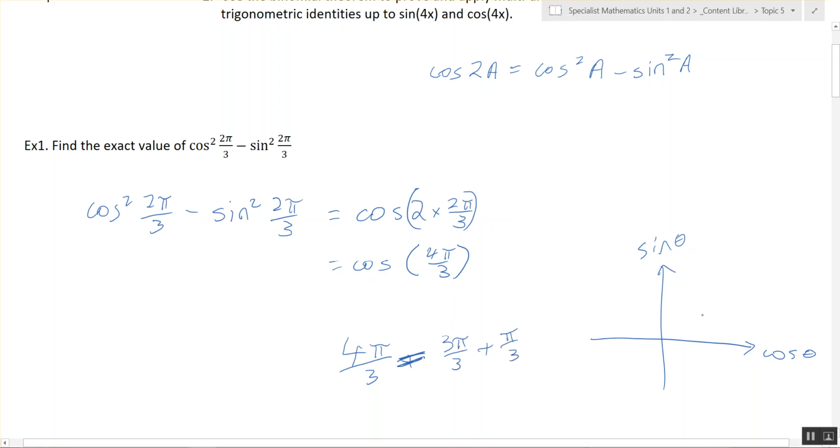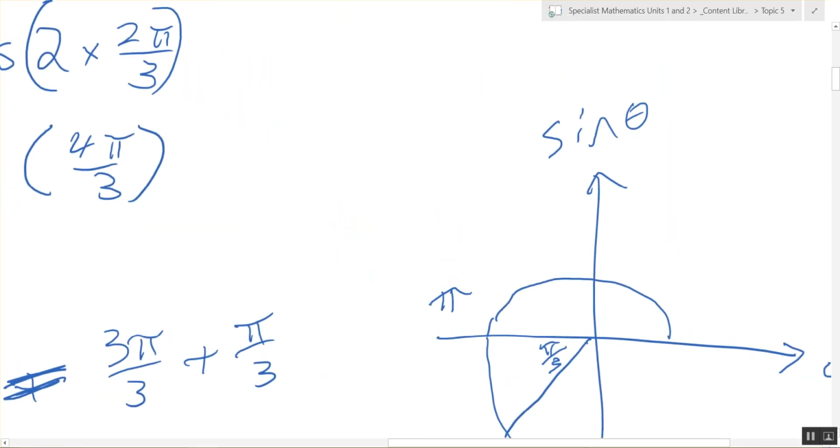So we're going round the circle pi, and then we go an extra pi over 3. So this angle here is pi over 3.